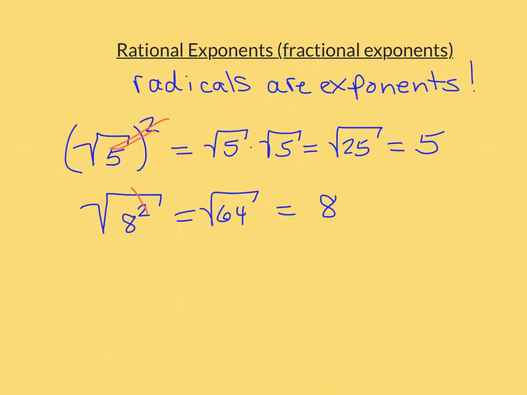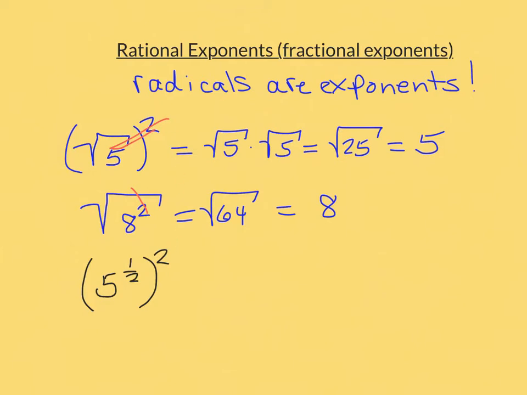And so how does that relate to fractional exponents? Well, in fact, that 5 is really being raised to a power of 1/2. So let me write that out. So that square root of 5 is really 5 raised to the power of 1/2. Why is that true? Because if we have our exponent rules, if we have 5 to the 1/2 being raised to another power of 2, that's all I'm doing.